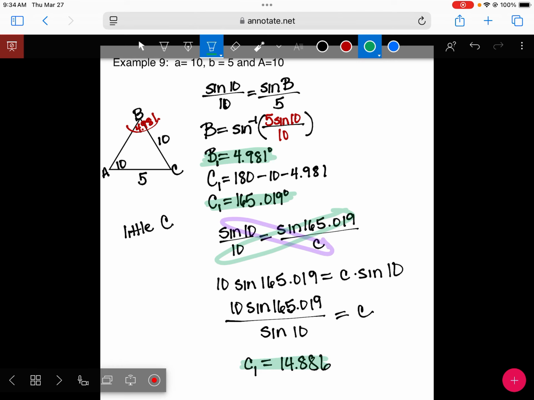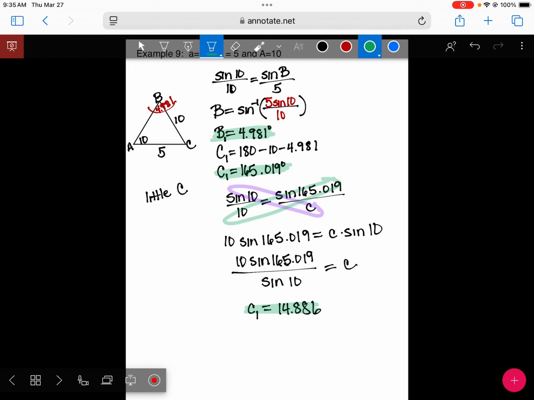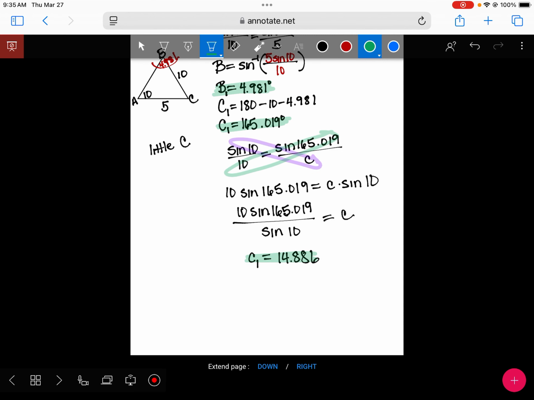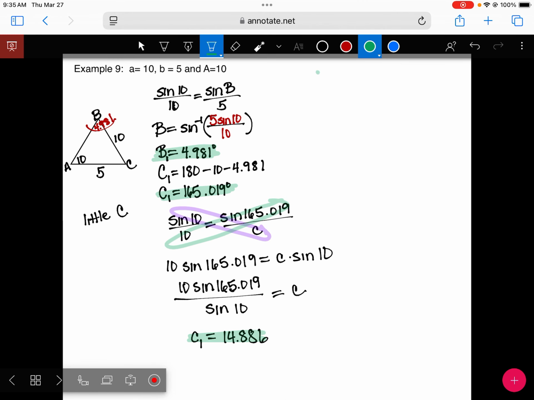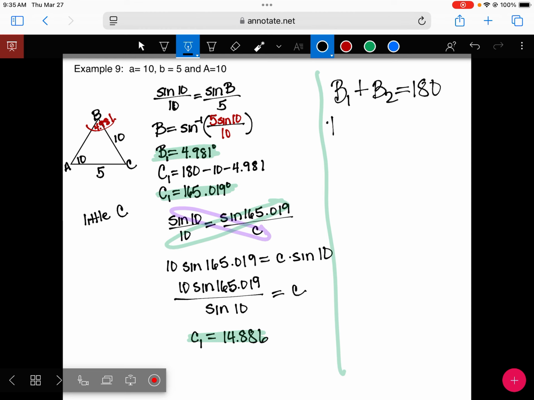So now let's see if it's possible to have a second triangle. And we're going to use what we know about if there are two triangles. If there are two triangles, B1 and B2 will be a linear pair, which means that they will equal 180. So angle A still doesn't change in our second triangle. So angle A would still be 10.